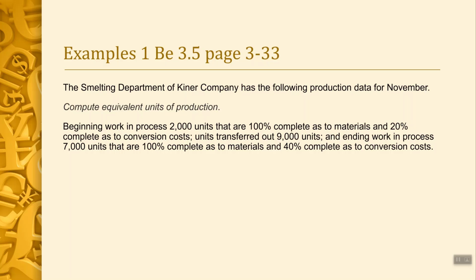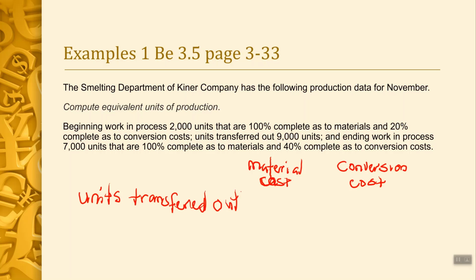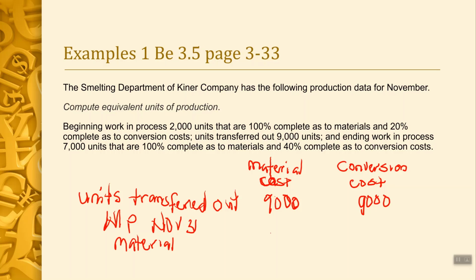Here I have my material cost and conversion costs. Units transferred out, we said those are always 100% because they're done and completed, they're gone out. So it's definitely complete before they're sent out. So that's 9,000. And then work in process at November 30th as to material, I have it at 100% complete per the question.